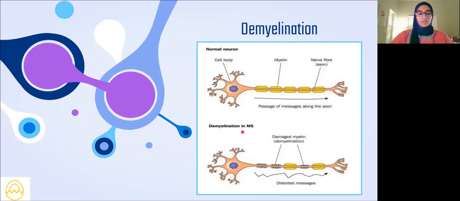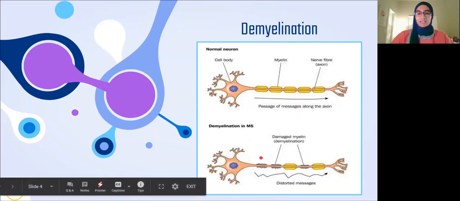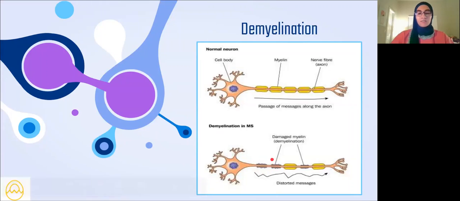In a damaged nerve cell affected by MS, parts of the myelin sheath, and sometimes even parts of the nerve cell, are severely damaged. The impulse thus cannot be preserved and is not successfully passed through the axon and to its target, so there is an abnormal response.